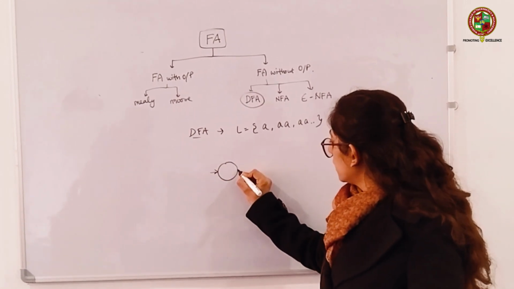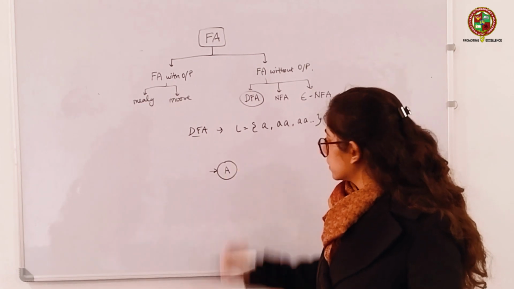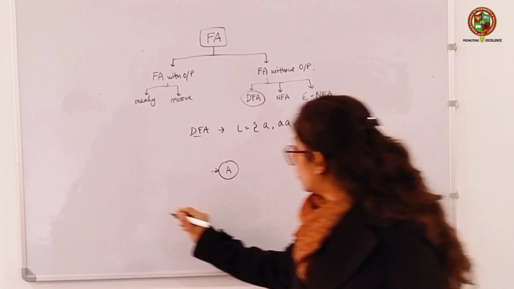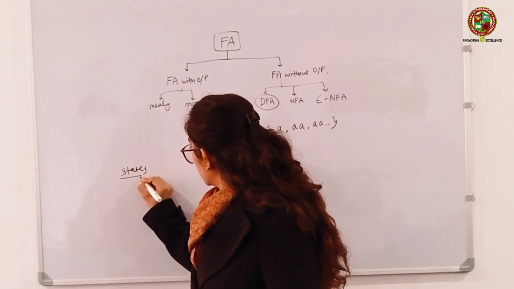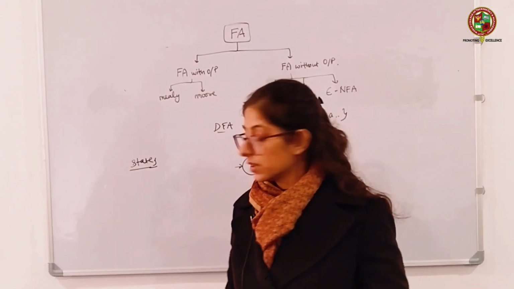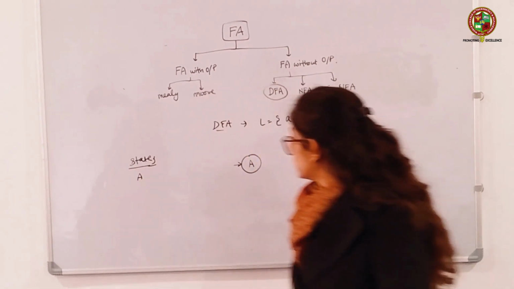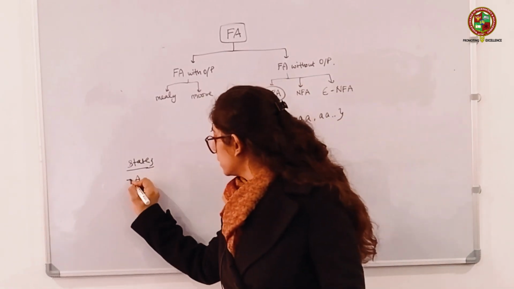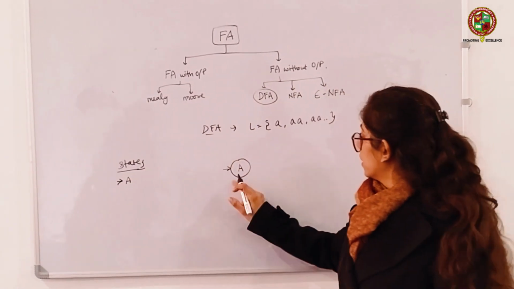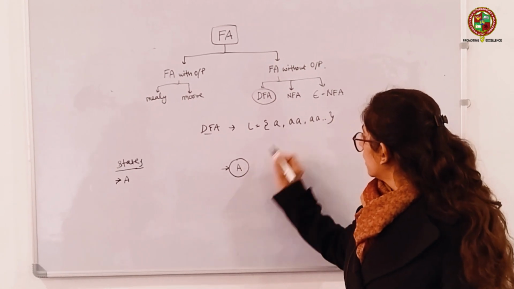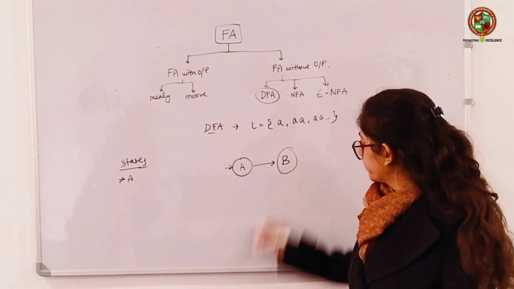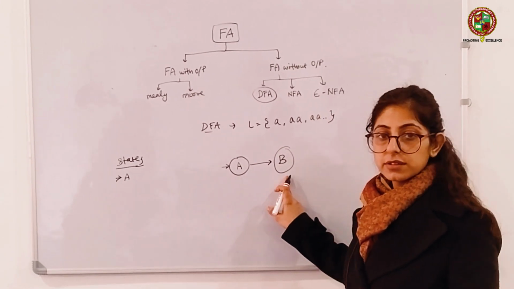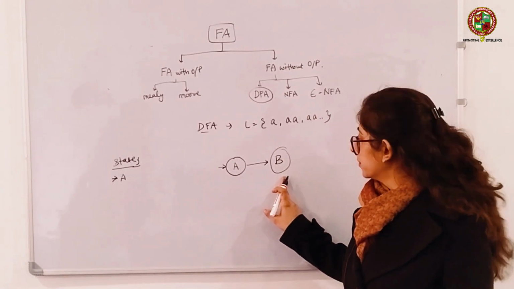Then on seeing this, if I am writing the state, it's a state. We always write states. What are the states that we use in our machine? First, I am taking the A as an initial state. On seeing this A, I am going to another state, some B. This is a start state, this is going to be the intermediate state.